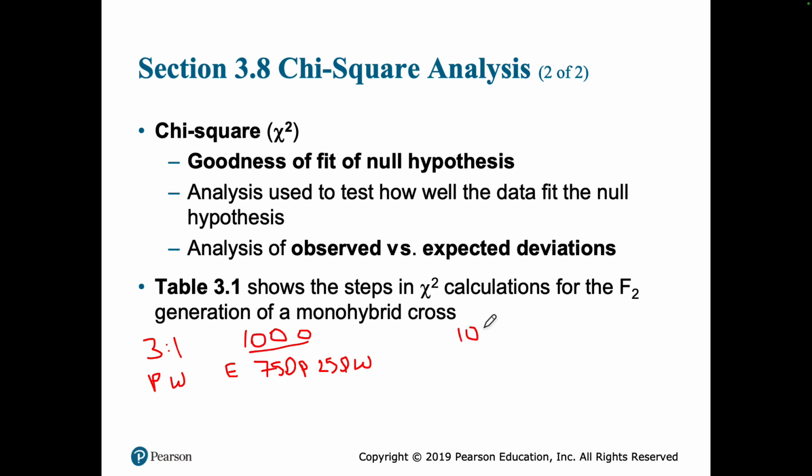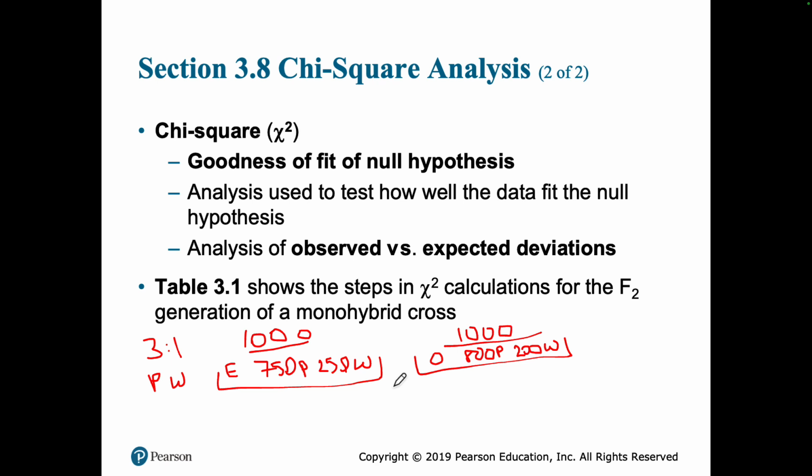Out of the 1,000 plants, let's say I actually observed, just to use a round number, 800 purple and 200 white. What we're trying to say here is, yes, my observed results are different from my expected results.